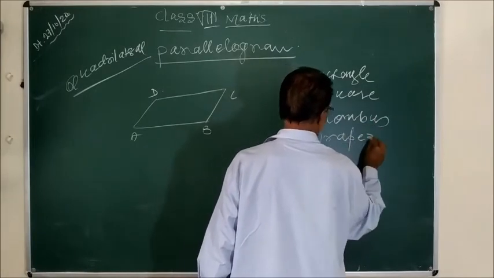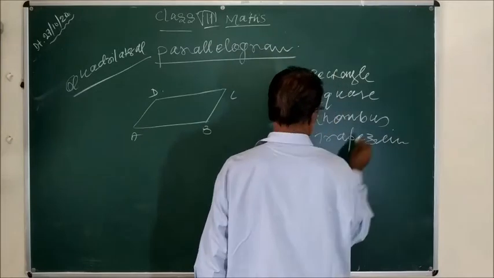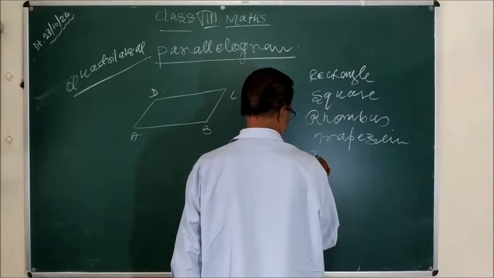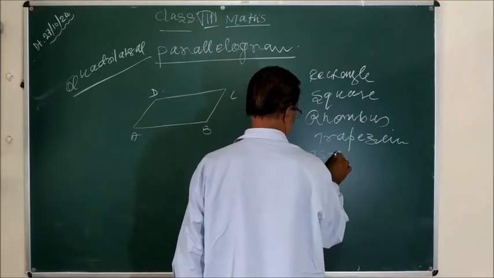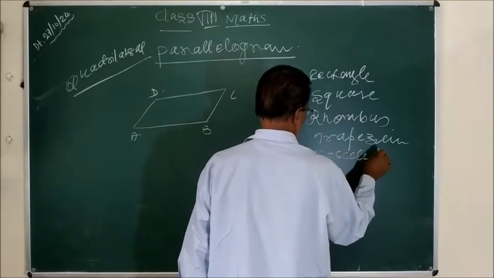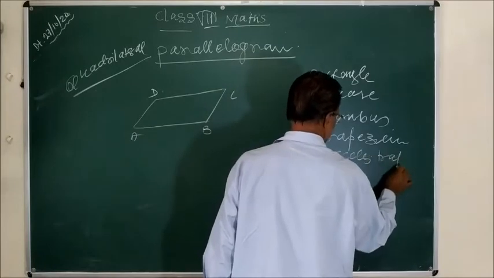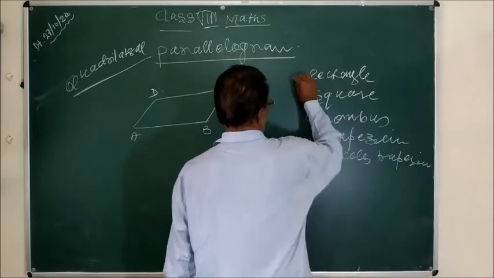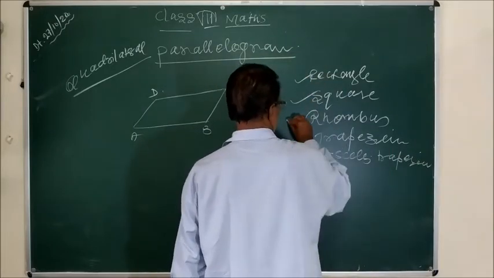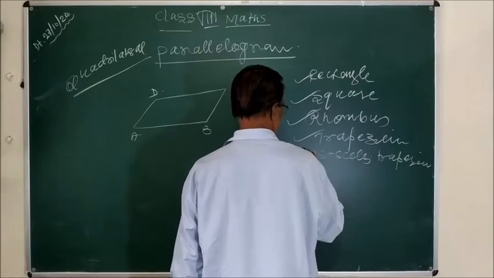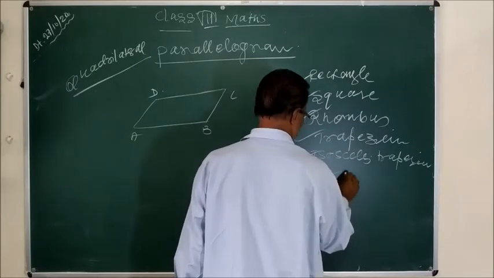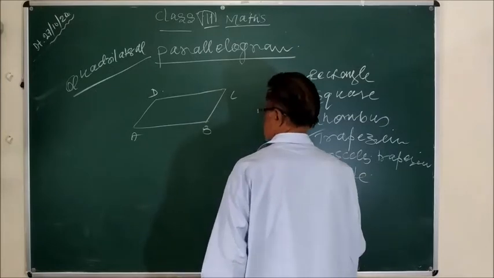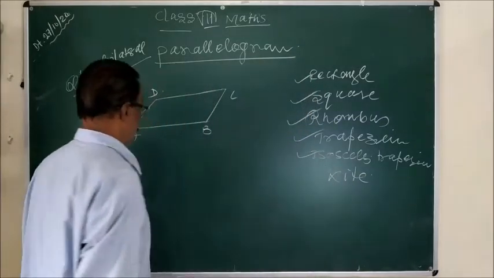So all these are quadrilaterals. In the trapezium there is one more, the isosceles trapezium. Rectangle, square, rhombus, trapezium, isosceles trapezium, kite. So now you see parallelogram.